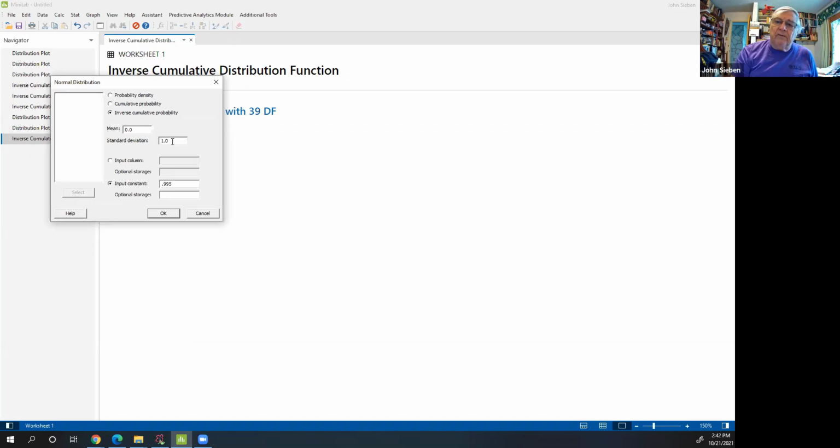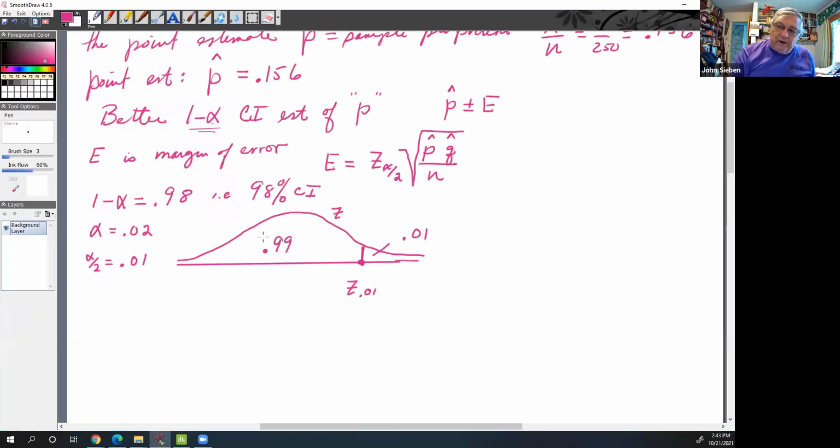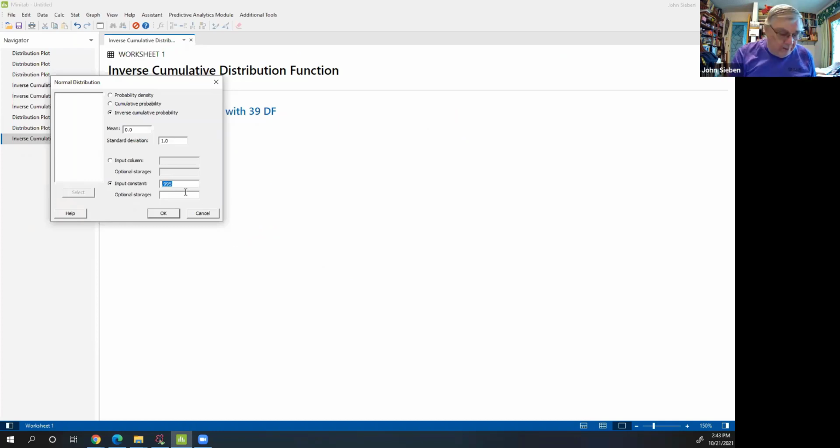Those are all okay. Inverse cumulative means that our input constant is going to be the area to the left of the boundary point that we're asking Minitab to find. The area to the right of the boundary point, as I recall, was 0.01. So to the left is 0.99. So I need to put 0.99 in for the input constant and double check normal distribution with 0, 1.